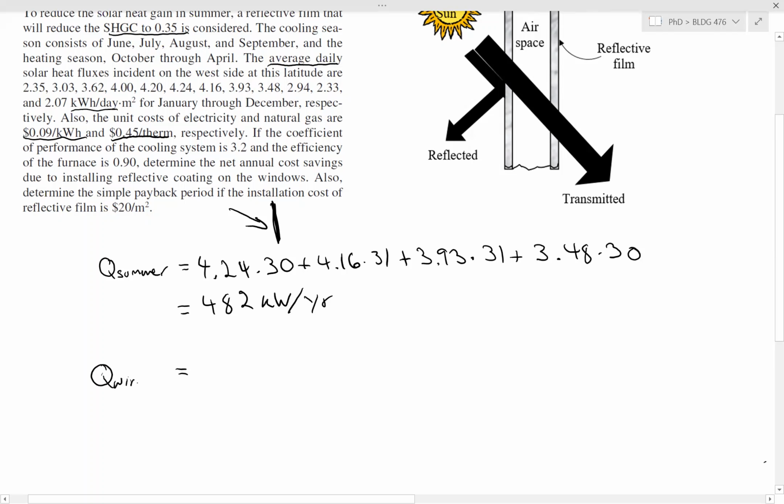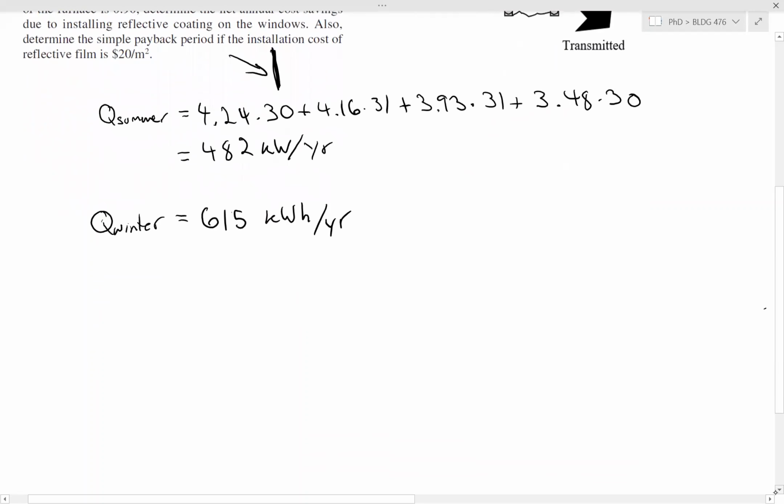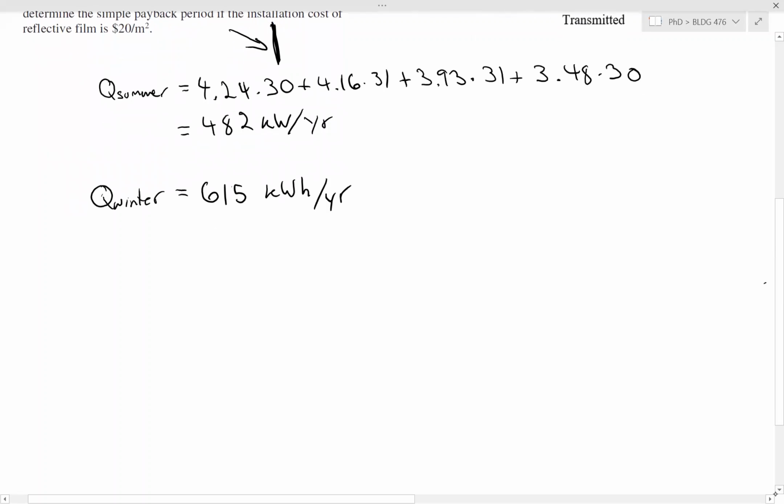Q winter, and I won't do the whole written thing, but if you did calculate it out, it'd be 615 kilowatt hours per year. Okay. So there's going to be some amount of decrease in our cooling load and some amount of increase in our heating load.